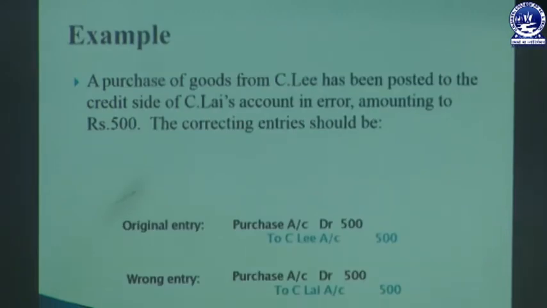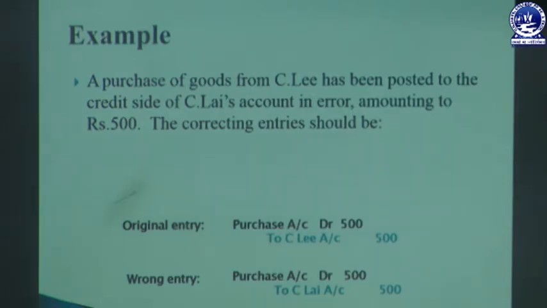Another example: a purchase of goods from C Lee has been posted to the credit side of C Lie's account in error. When goods are purchased from a certain person, the purchase account must be debited and the creditor's account must be credited.